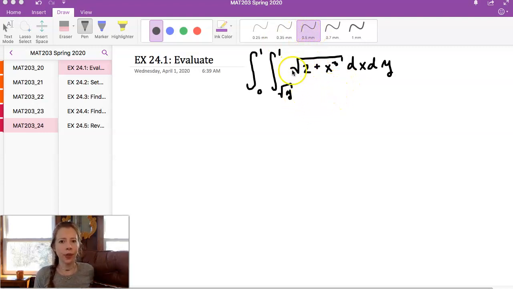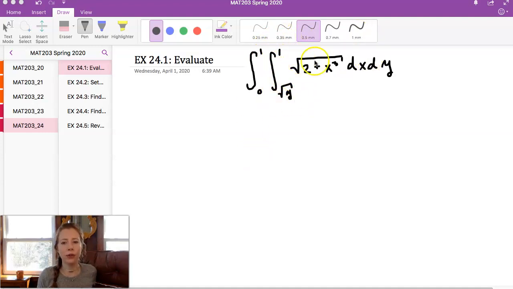And so I like to evaluate this. You're going to start with evaluating the inner integral, just as you would in single variable calculus. And so in this one, you're integrating in terms of x, and then you're going to plug in and evaluate the limits afterward from square root of y to 1.